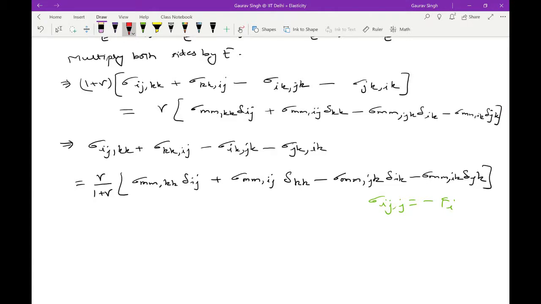There should be at least a couple of terms where I can do that. Yes, I can do it over here. I can do it over here. Okay, and then let me see what we can write. So this should imply that sigma ij comma kk.